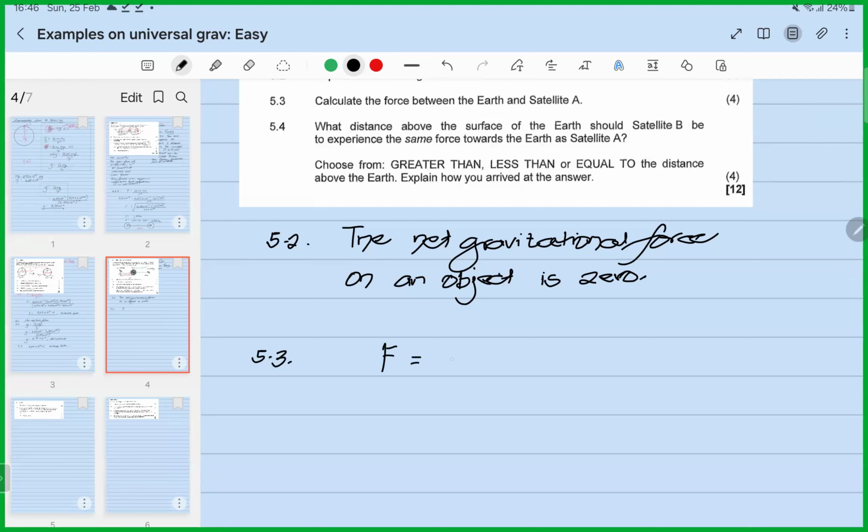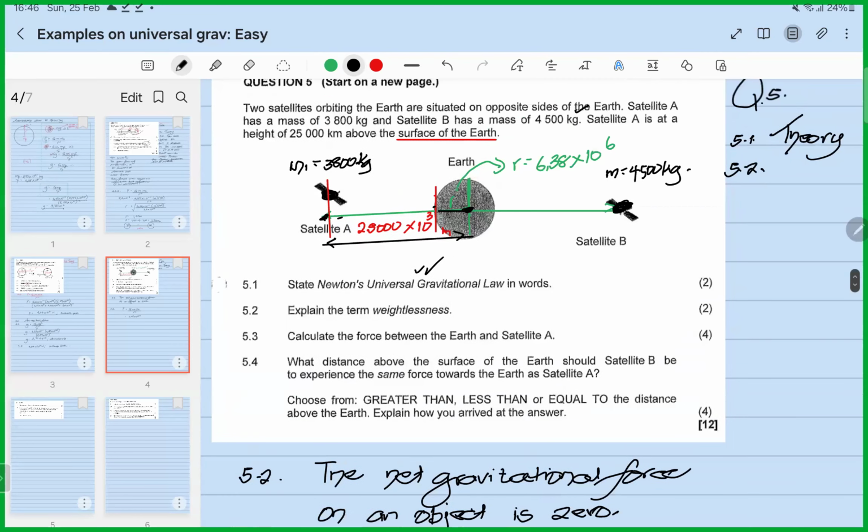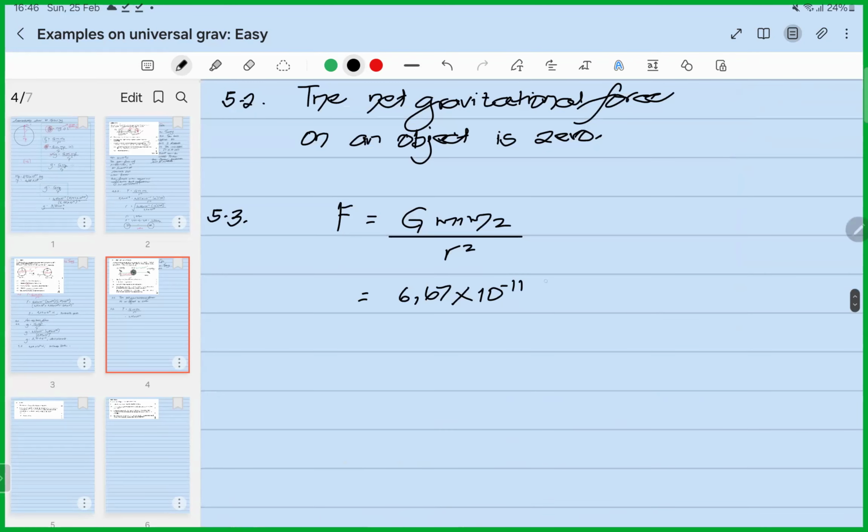So F equals G m1 m2 over r squared. G is 6.67 times 10 to the minus 11. Mass 1 is the mass of the satellite, 3,800 kilograms.